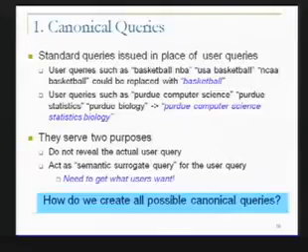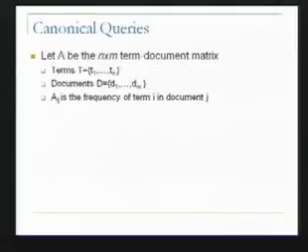Okay. Now the question is, how do you create all possible canonical queries from a document collection? Because what we're saying here is that we pre-compute all these possible queries. Let's say we have a document collection of M documents, and from the collection we create a list of N terms, and with that we can also create a term document matrix where each entry A_ij is the frequency of term i in document j.